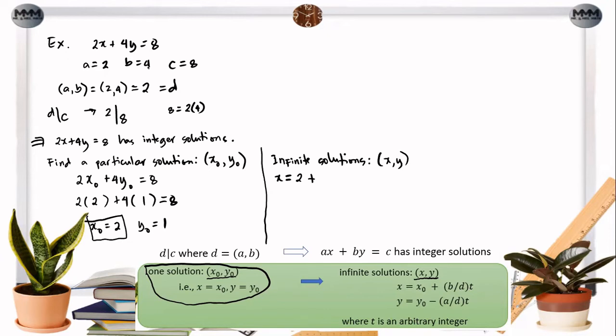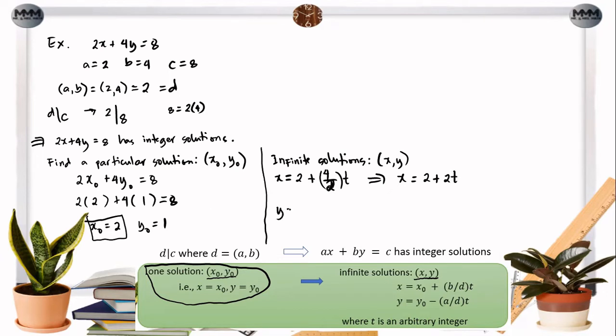Take note here, b is 4 over d. D here is 2 times t. Hence, x here is equal to 2 plus 4 over 2, which is 2, times t.